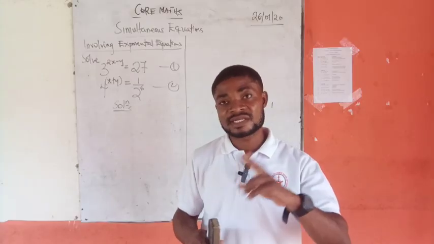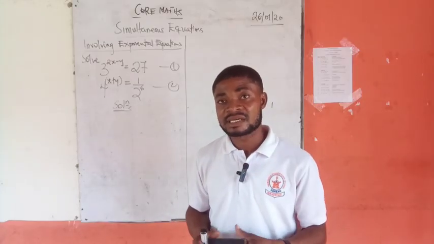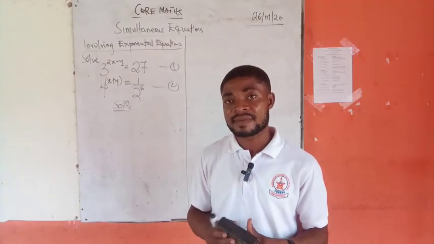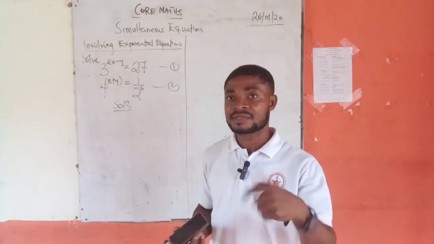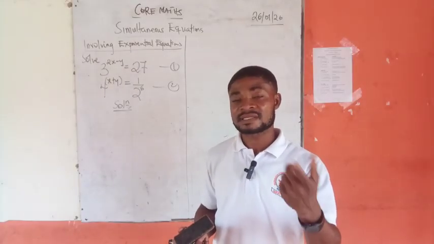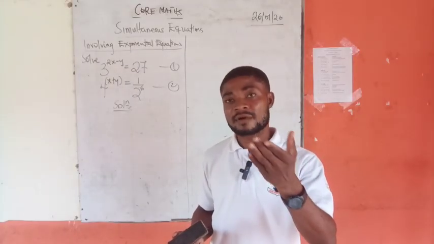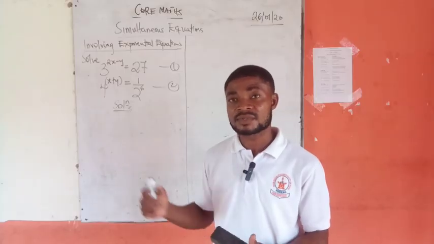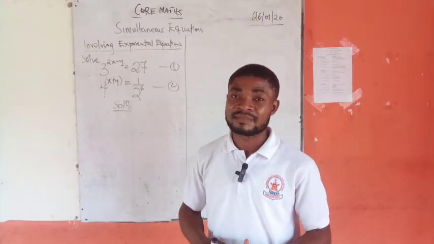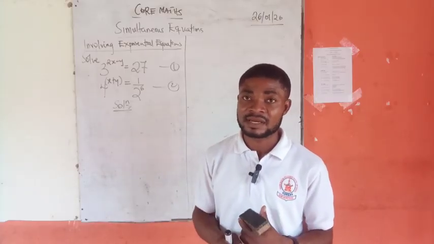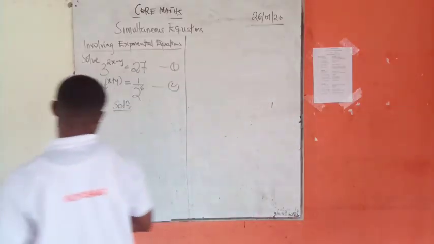When you have two sets of numbers in indices, check to see if they are prime numbers. If they are not prime numbers, then try to get a prime number multiplied by itself a number of times that gives you that particular number, and then from there you can pick it. Okay, so let's take this quickly.